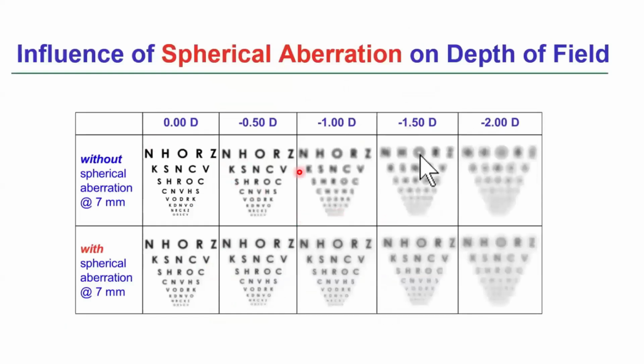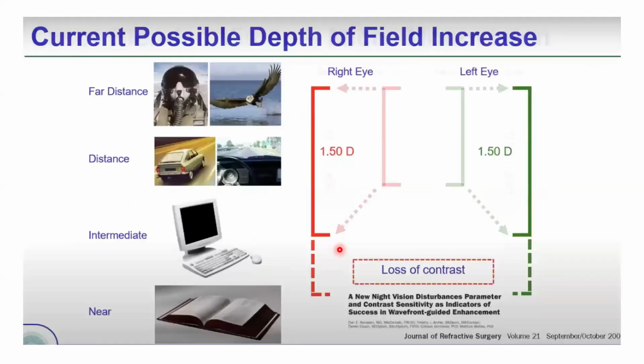We can easily appreciate in this image that without spherical aberration, as we go down the range of vision, it becomes significantly worse. But if the patient has some amount of spherical aberration, even though the patient is uncorrected, they are able to see fairly well. That is the positive effect of spherical aberration. Now, how do we use it?